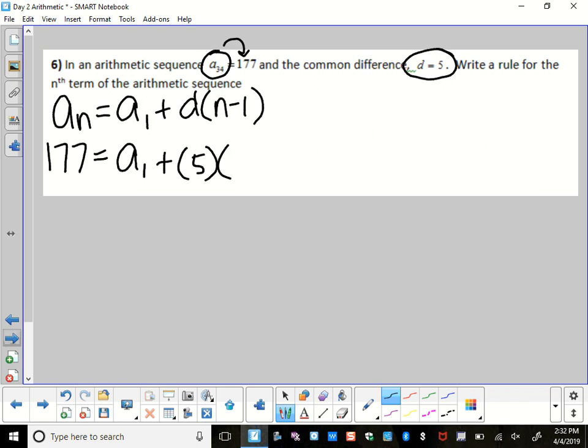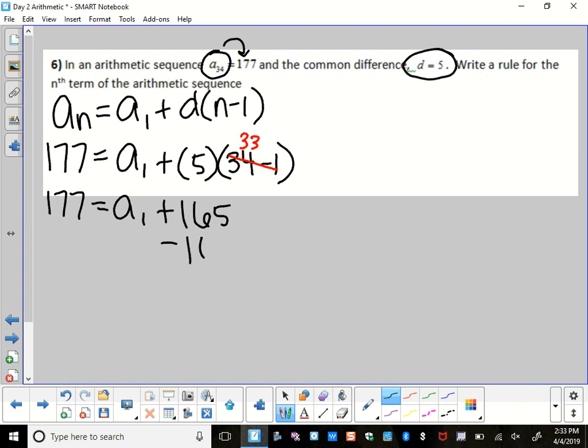The term number they gave me was 34 minus 1. In your calculator, what do you get for 5 times 33? Do you guys get where I got 33 from? 34 minus 1 is basically 33.